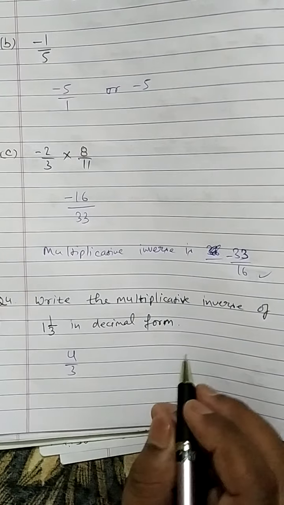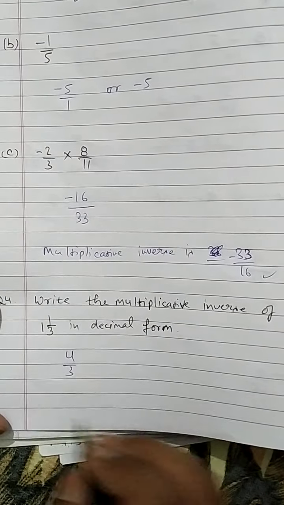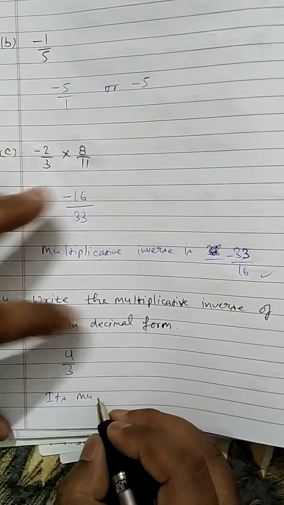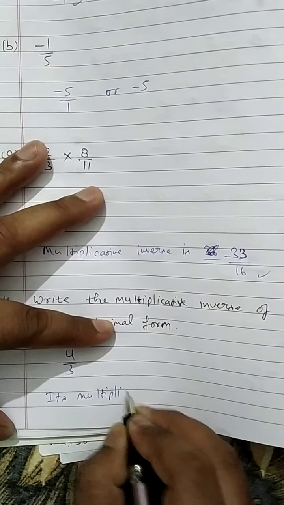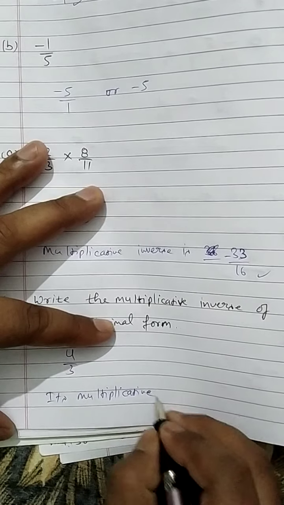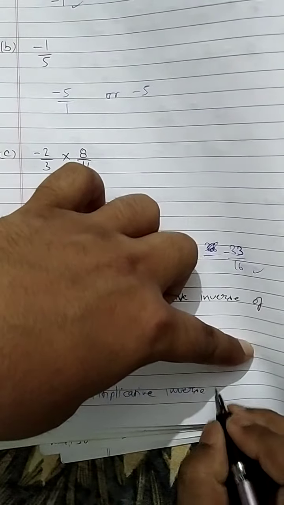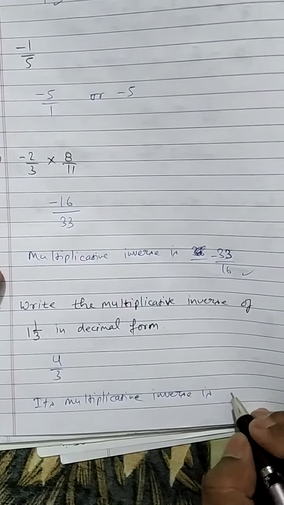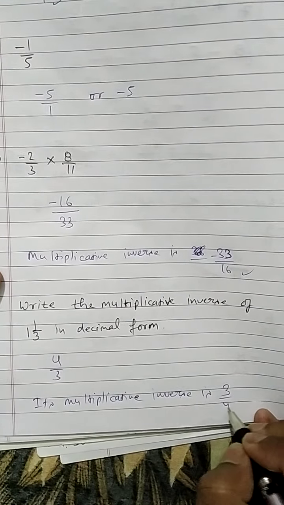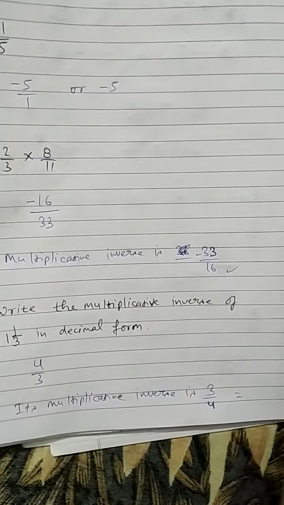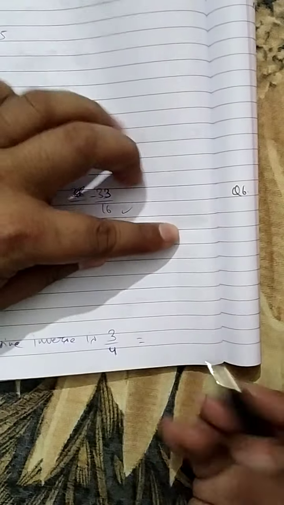Okay, so its multiplicative inverse is 3 upon 4, and we have to write it in decimal form.